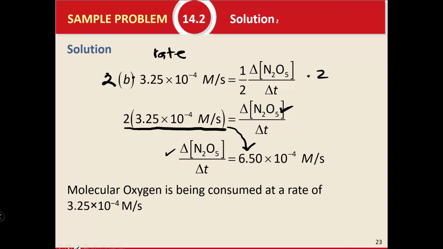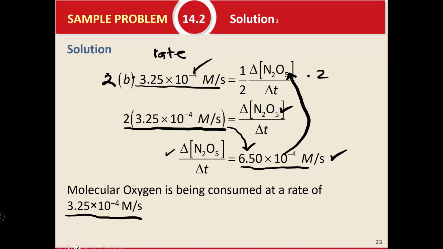So the rate of reaction is 3.25 times 10 to the -4th. If I plug this into that equation and I say 1/2 of 6.50 times 10 to the -4th, I want to get that number there. That's the rate of reaction. So here's the rate with respect to the dinitrogen pentoxide. Here's the rate of reaction. Because this says consumed, that's why we don't have a negative symbol here.